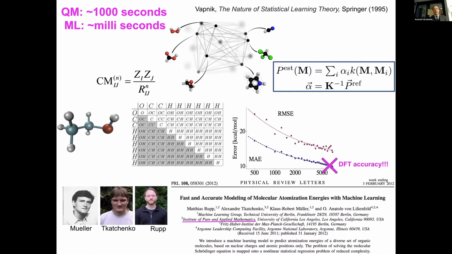Only after 6,000 molecules, we had a prediction error which is sort of on par with the error a GGA density functional would give you for atomization energies. Right? And so that is interesting, but what I find even more interesting is the systematic improvement with training set size.